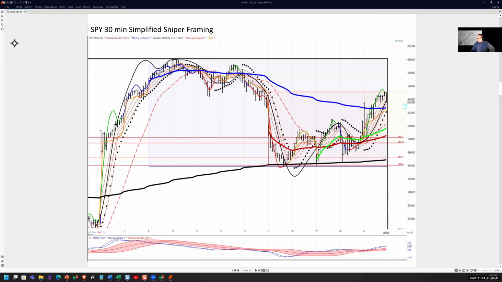So that's a favorable sign as well. So you have the 30, the 5, the 3, and the 10 here. And when price closes above all those, that really feels like it wants to keep going. And again, it's got to get above 600 to be interesting.